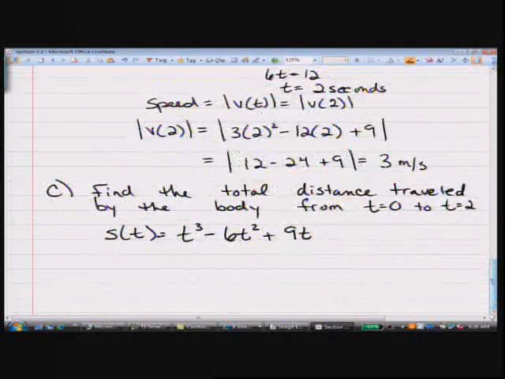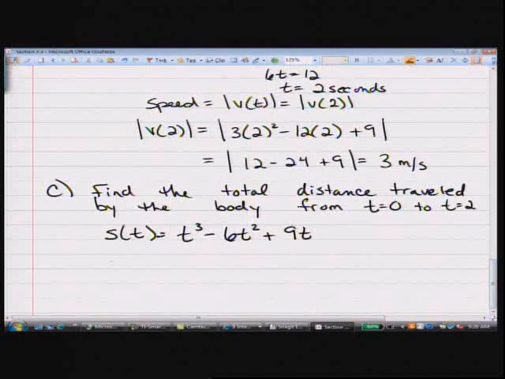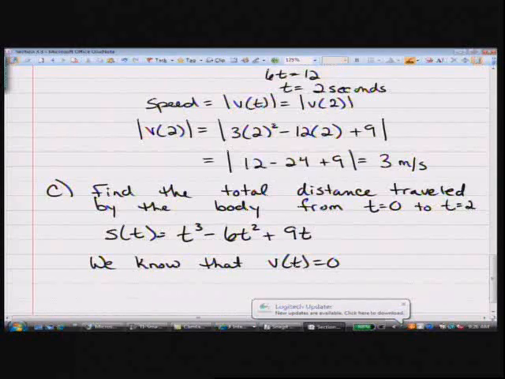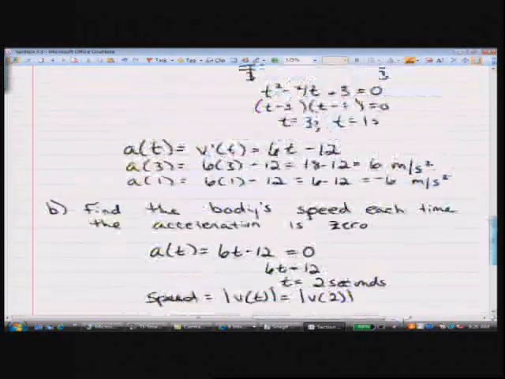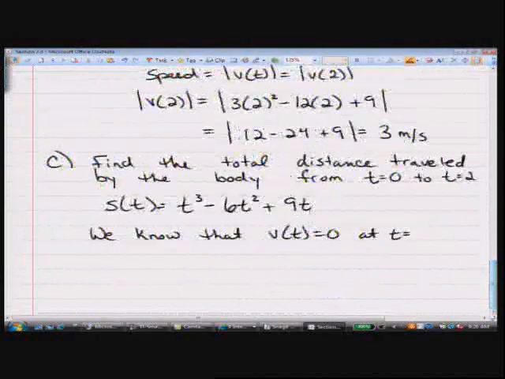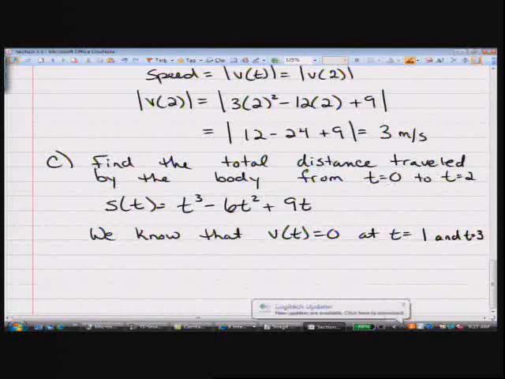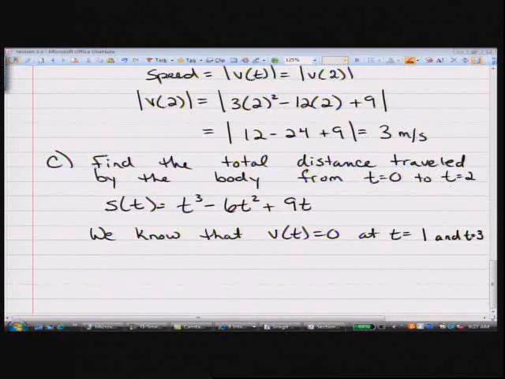What we already talked about is that we know the velocity equals 0 at t equals 1 and t equals 3 seconds. So the 3 seconds isn't a worry because we're just looking for total distance traveled between 0 and 2.